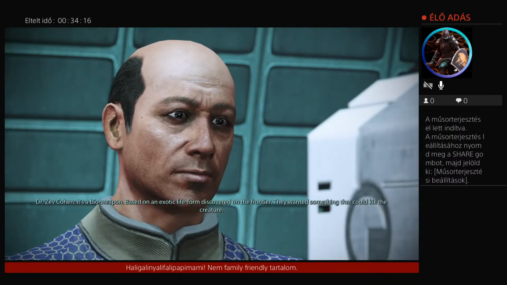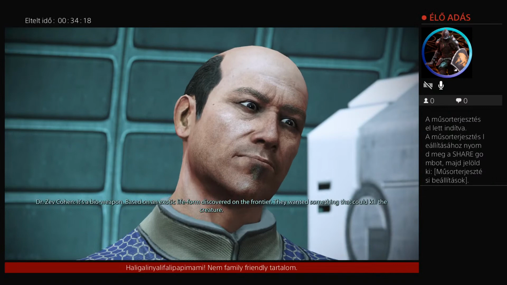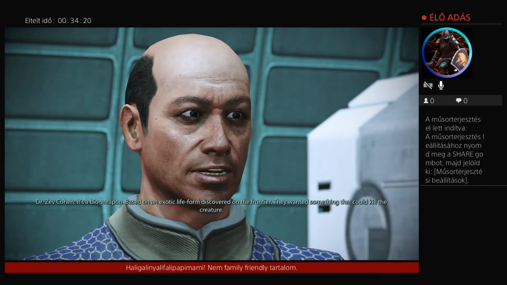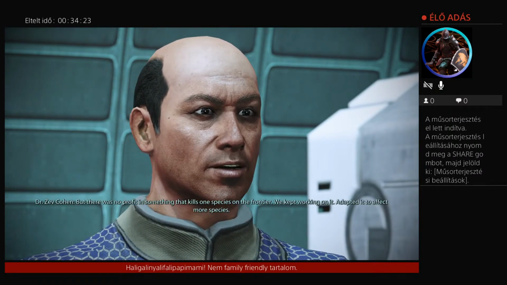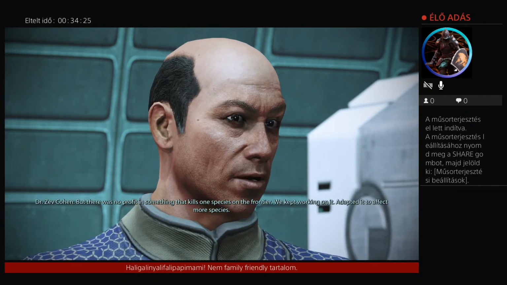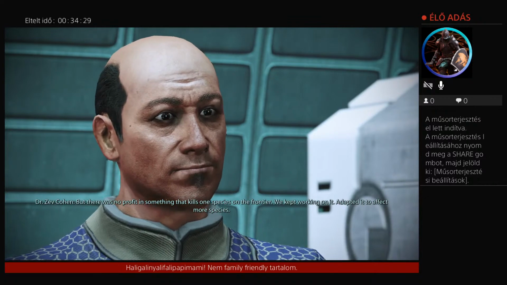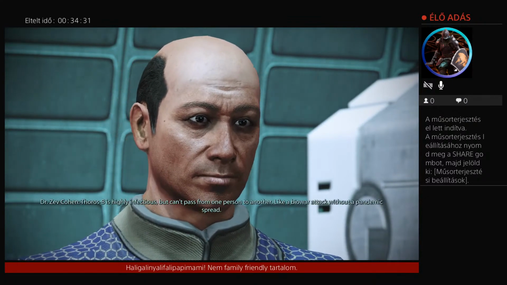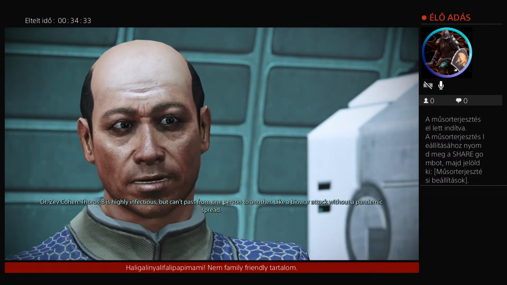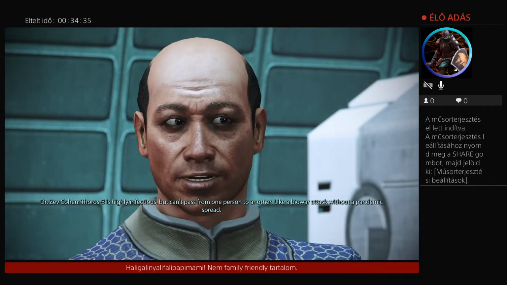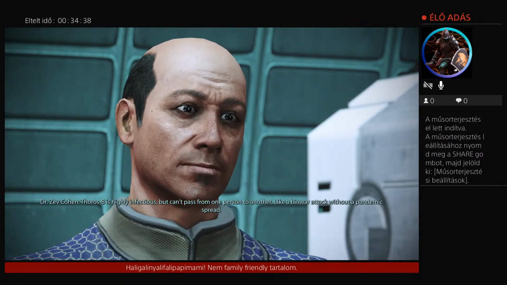It's a bioweapon, based on an exotic life form discovered on the frontier. They wanted something that could kill the creature, but there was no profit in something that kills one species on the frontier. We kept working on it and adapted it to affect more species. Thoros B is highly infectious, but can't pass from one person to another, like a bioweapon attack without a pandemic spread.